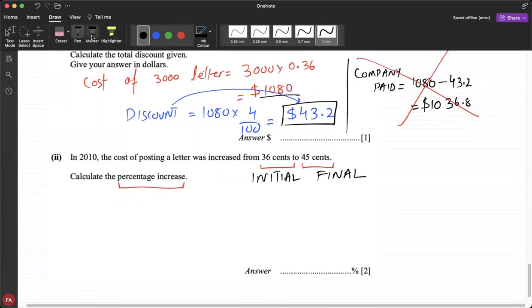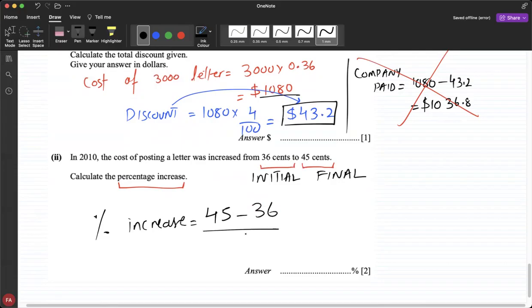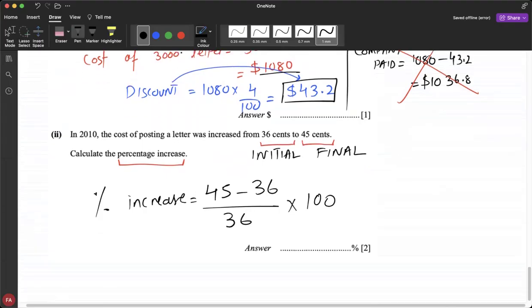So let's everyone calculate the percentage. So I can say percentage increase is equal to final minus initial over initial times 100. If you were to calculate this, 45 minus 36 divided by 36 times 100, that's going to be 25%.